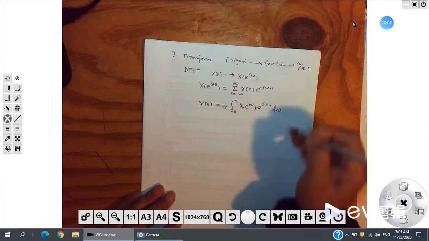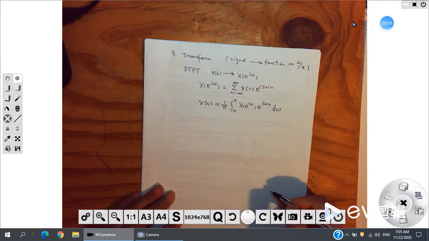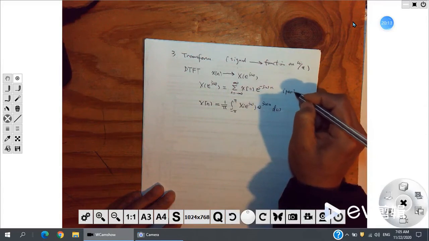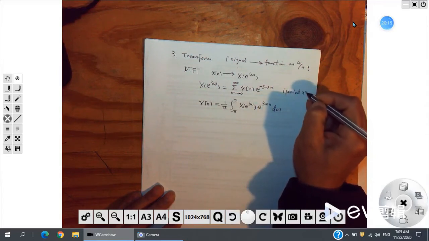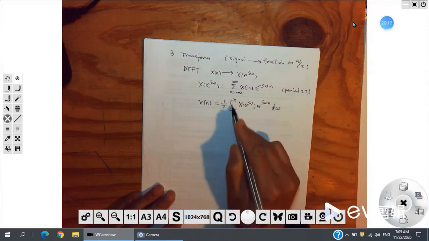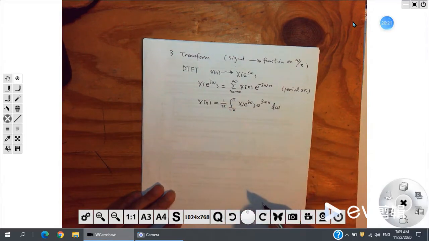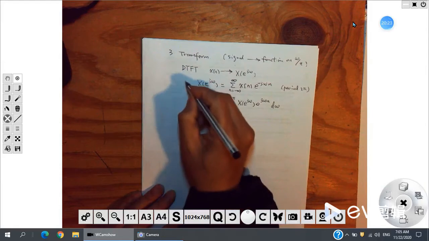So we have these two formulas. The period is 2 pi, so we use one cycle for the integral. All right, this is the first transform, the DTFT.